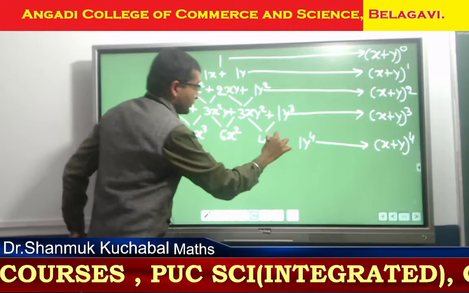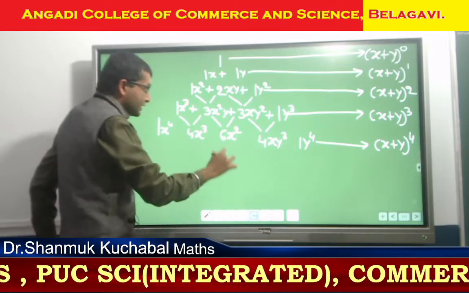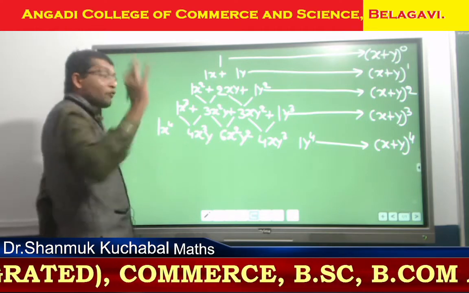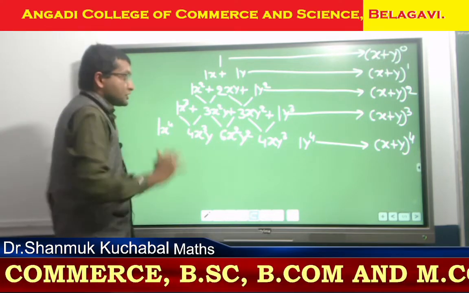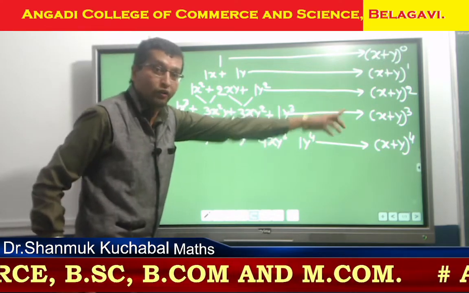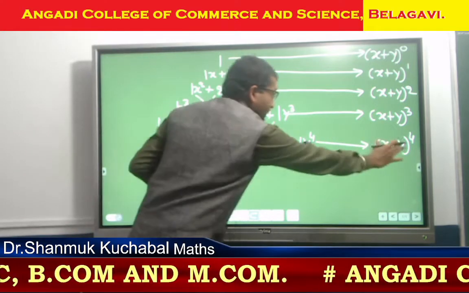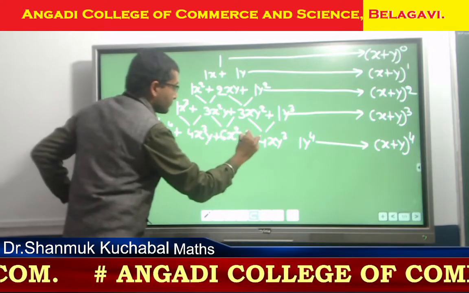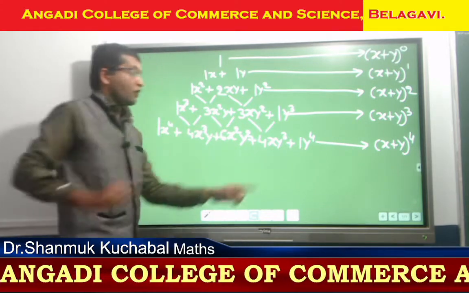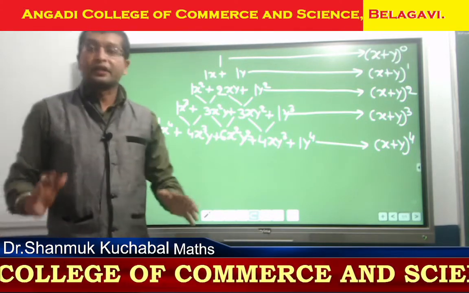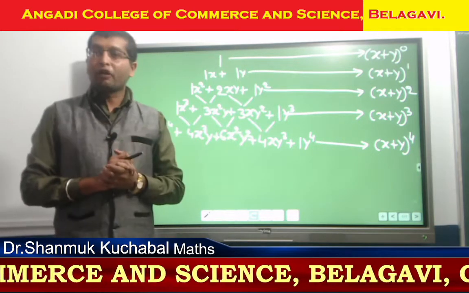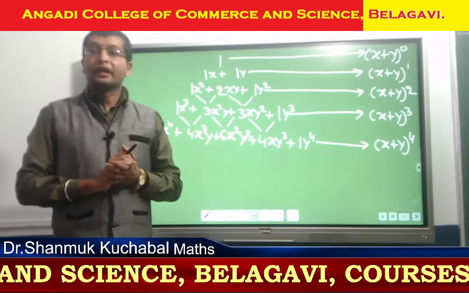Decrease it: y cube, y square, y, and then y raised to 0 is 1. All the terms are positive, so we assign the plus sign. This is the formula for (x plus y) raised to 4. In the same way, you can write the formula for (x plus y) raised to 5.